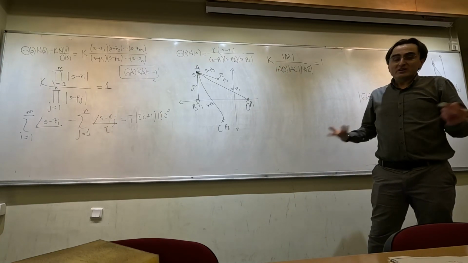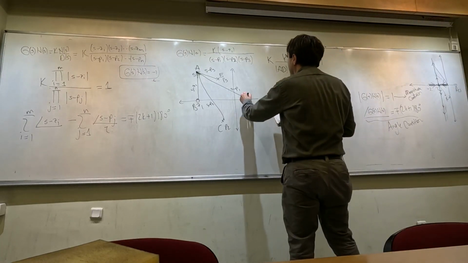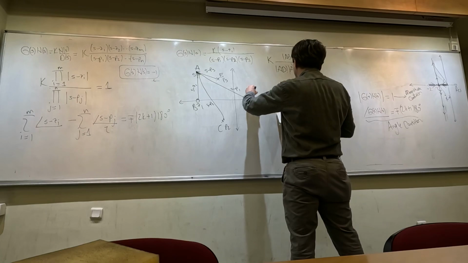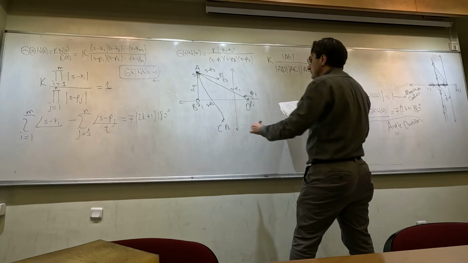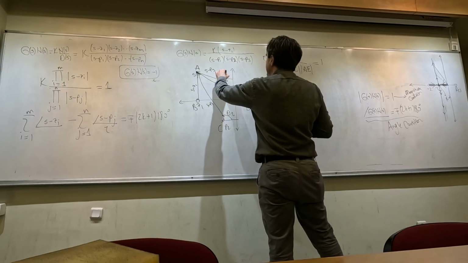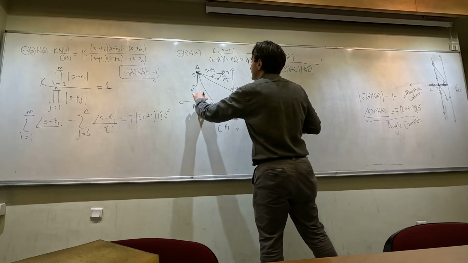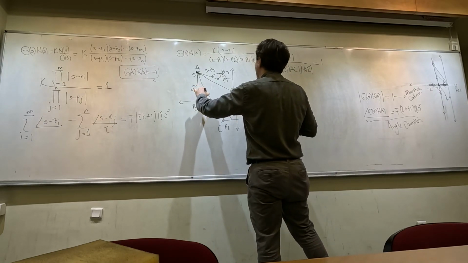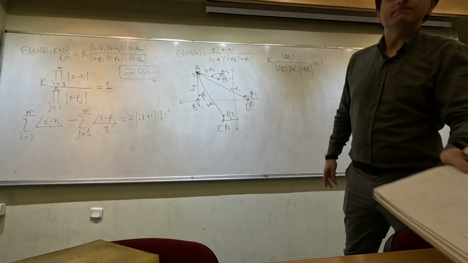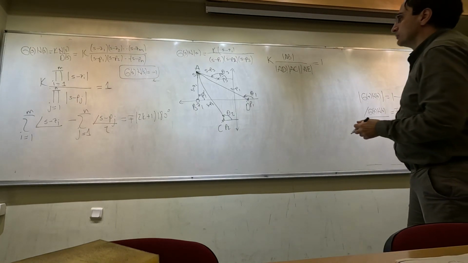What about the angle condition to be satisfied? What is necessary? I will call this angle theta 1, this angle theta 2, and this angle theta 3. And then I will define this angle as phi 1. Now let me write the angle condition.